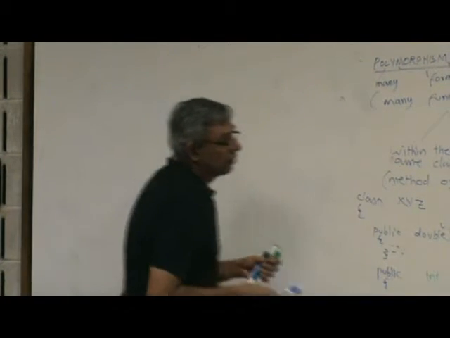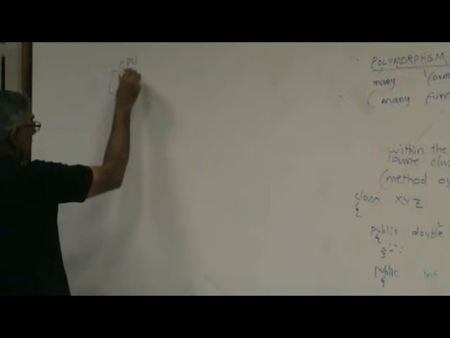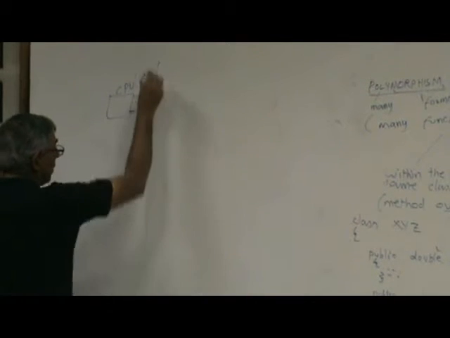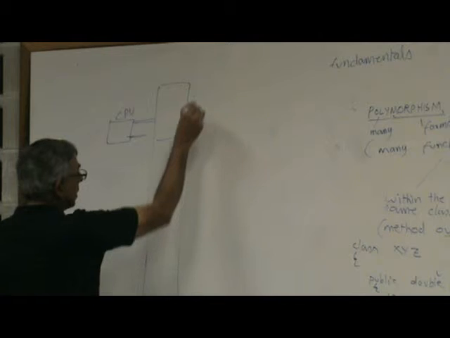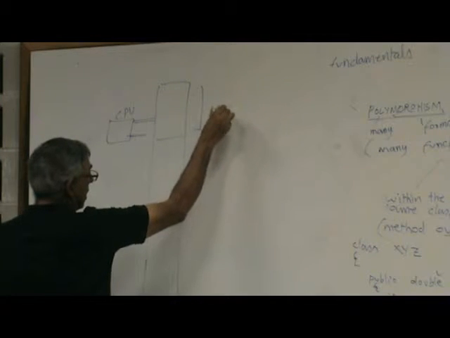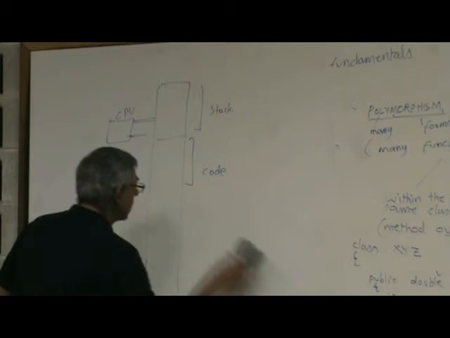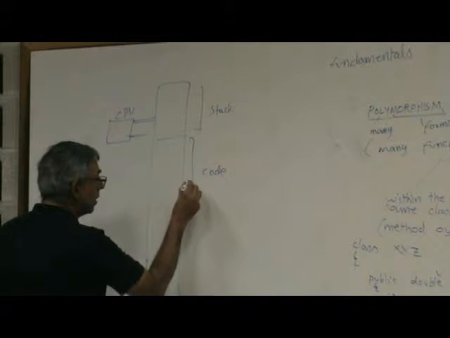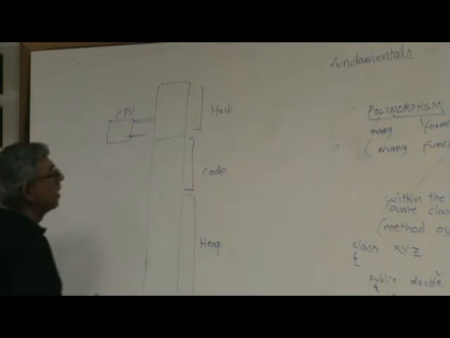Okay, so whenever this code executes, as we discussed, if this is the CPU, and if this is the memory of the computer, remember it's divided into a stack area, code area, and a heap area, right?